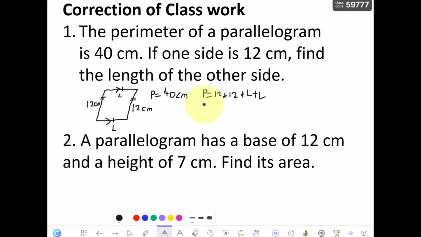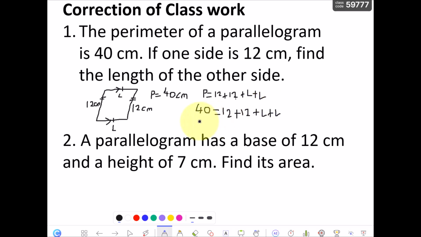So if this is the formula for the perimeter, let's substitute now. They say perimeter is 40. That means you will say 40 is equal to the total sum of all the lengths, which is 12 plus 12 plus L plus L. So that is that.